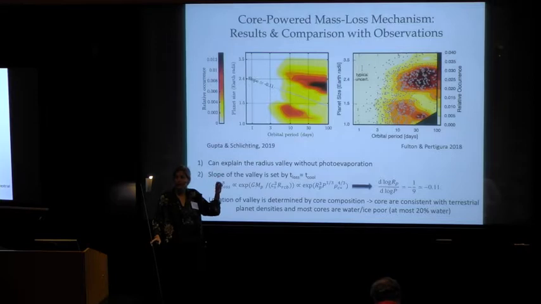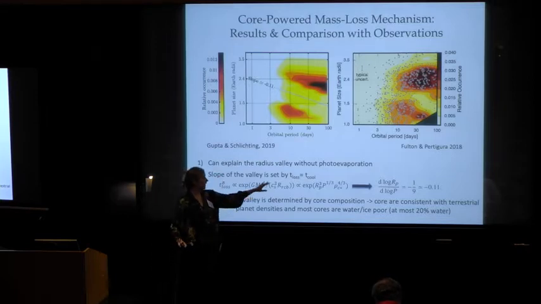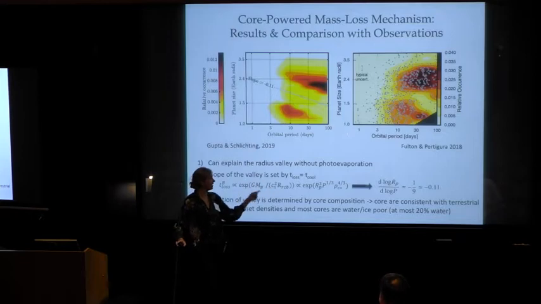So to zero order, I can derive what I expect for the slope to be by just evaluating the dependencies on the quantities that enter the exponent. So what's in the exponent? It's basically just the ratio of the Bondi radius to the radius of the convective boundary, which is basically your planet's radius. All of you can do that. It's very straightforward.